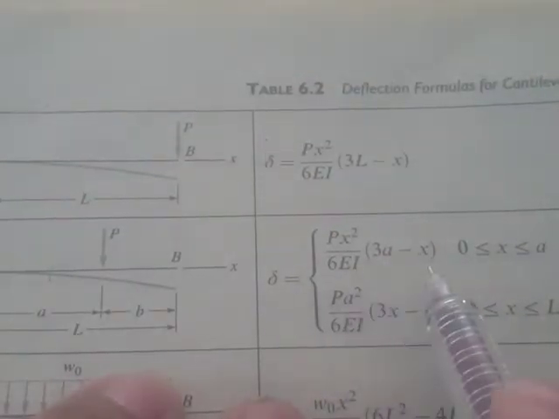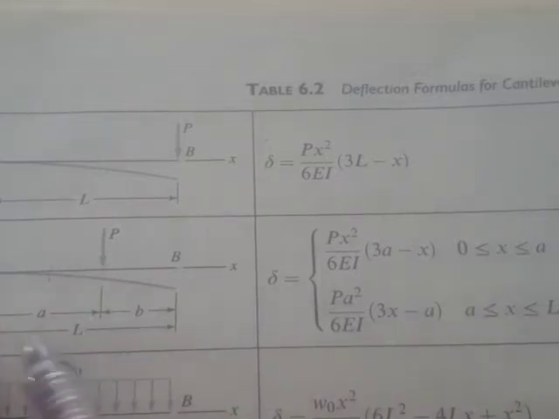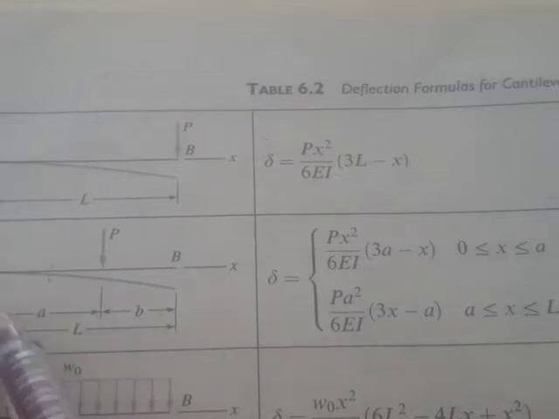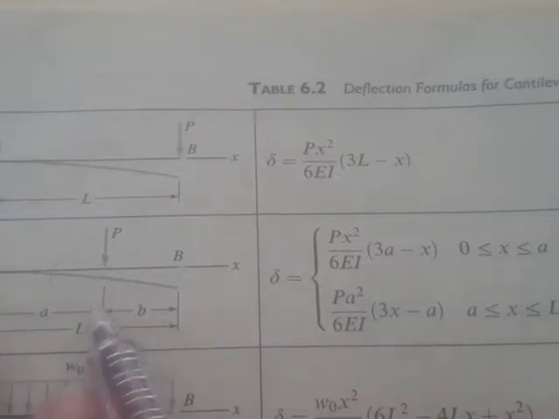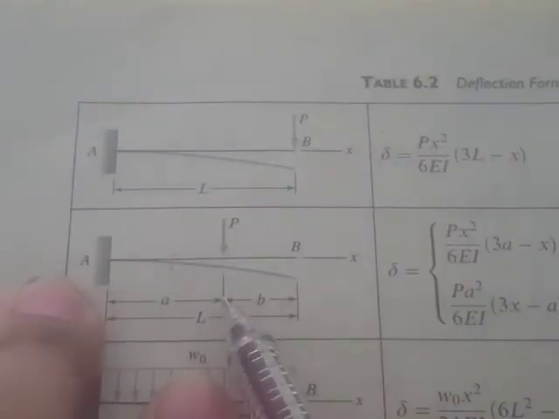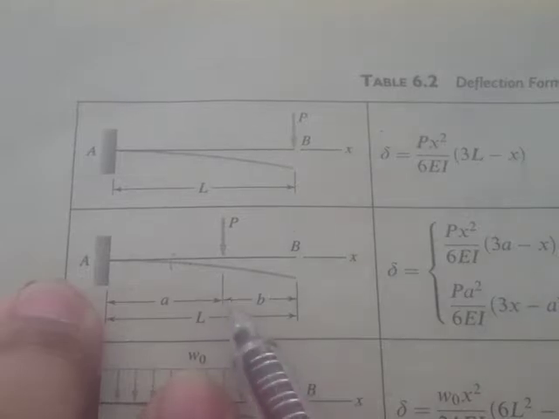Then I think you can just use either of the equations. Also, just take note of the symbol a: that's the distance from the fixed end to the concentrated force, and the distance b is from the concentrated force to the free end.